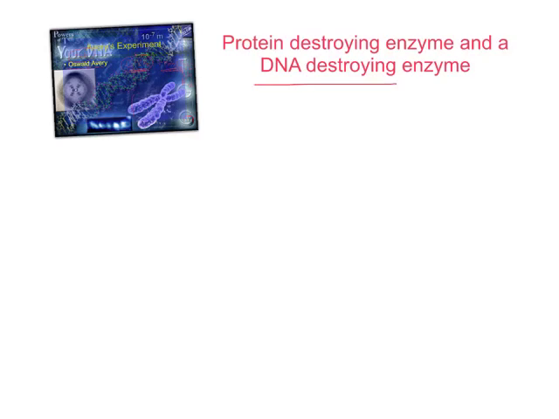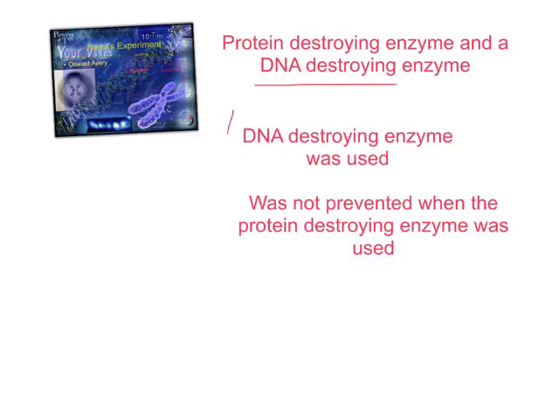Okay, and so what he found was that transformation was prevented when the DNA-destroying enzyme was used. The passing on of the code was prevented when we destroyed the DNA. When we used just the protein-destroying enzyme, okay, it was not prevented.